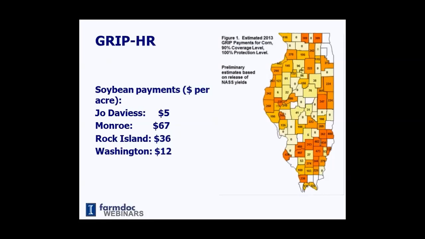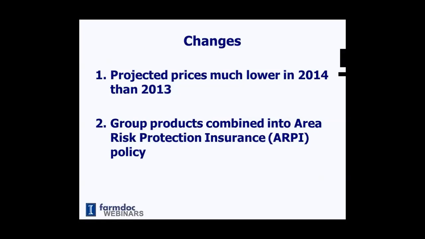For soybeans, payments were much less, and there were 4 counties. These are preliminary estimates just based on NASS yields. RMA hasn't released these payments yet, so we will be looking at RMA later on coming out with these payments, but these are estimated based on release of NASS yields this week.